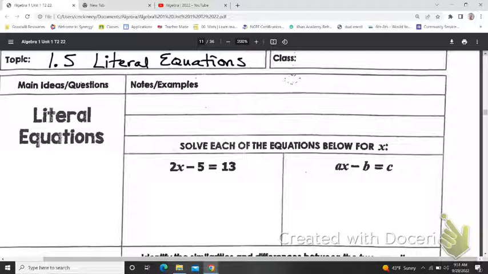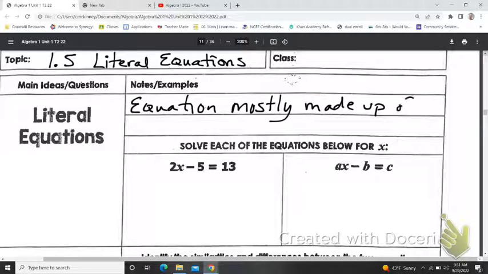A literal equation is an equation mostly made up of variables.